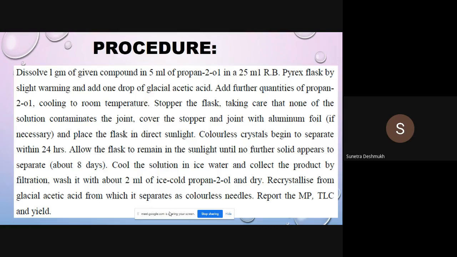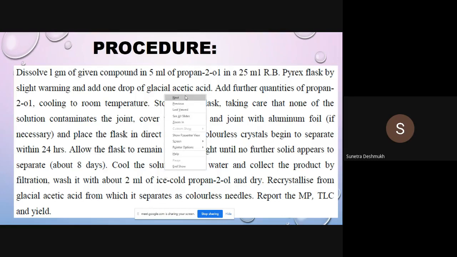So only take out this mixture, benzpinacol and propanol, add 1 drop of acetic acid and keep that flask directly in direct sunlight. After 2 to 3 days your crystals start to develop, and up to 8 days the whole benzpinacol will get crystallized out.